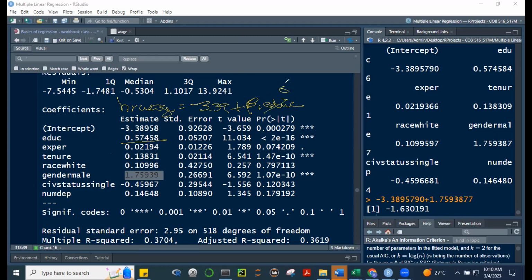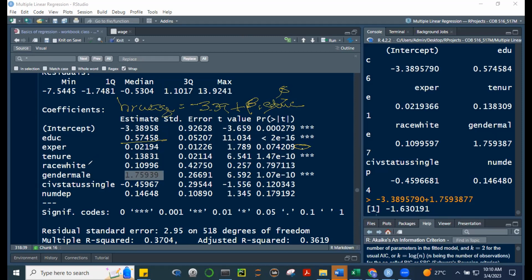So i-replace natin to ng 0, di ba? So hindi papasok to sa model natin. 0 years of experience then. And in fact, hindi naman siya significant, no? So 0.02194 times experience, but experience is equal to 0. So mawawala yung effect na to. Si tenure, 0 din, sabi natin, no years of tenure. So yung equation niyan, 0.138 times tenure, but tenure is 0, so this will cancel out, right?